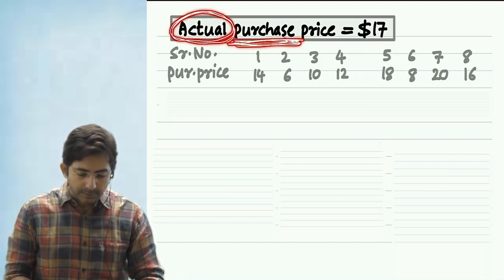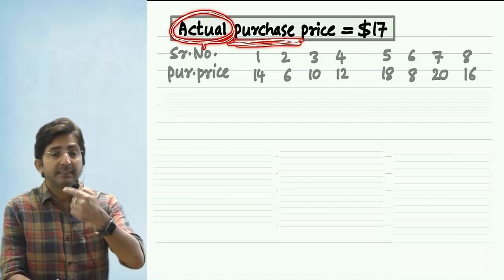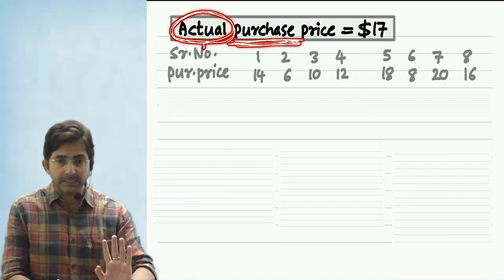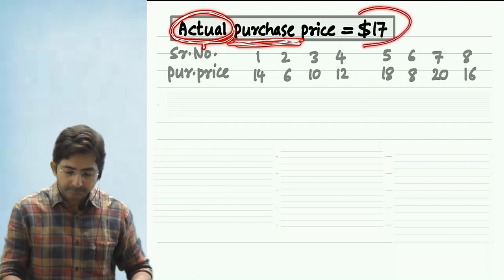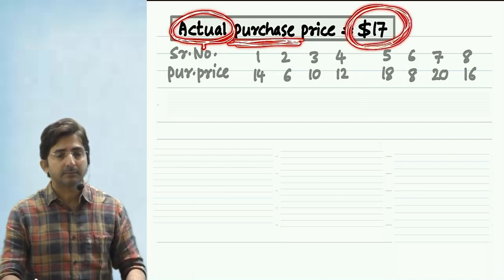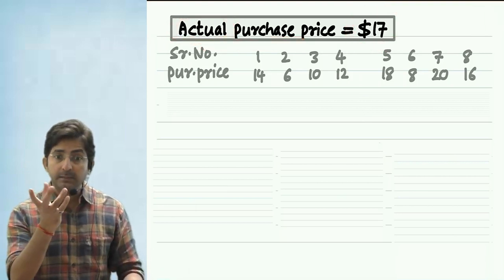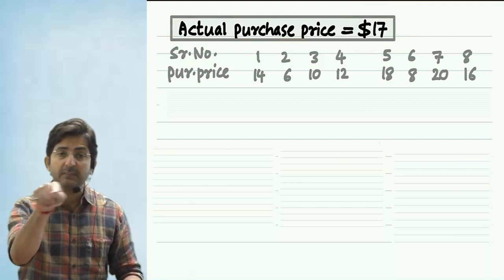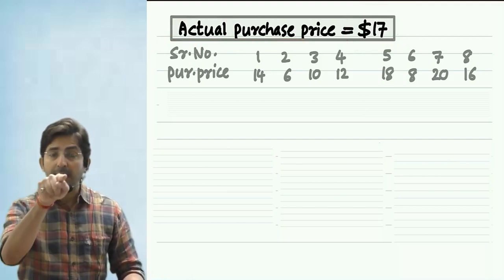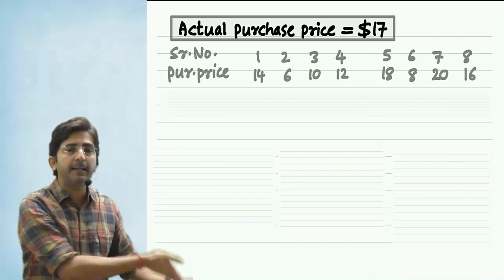Actual means the actual transaction between the assessee and the AE was a purchase transaction, and the assessee has declared the purchase price as $17. See, we are always targeting the transaction with the AE, because the transaction with the AE is not trustworthy. For that only we are finding the ALP.